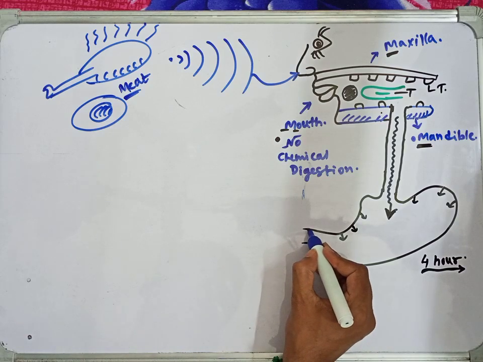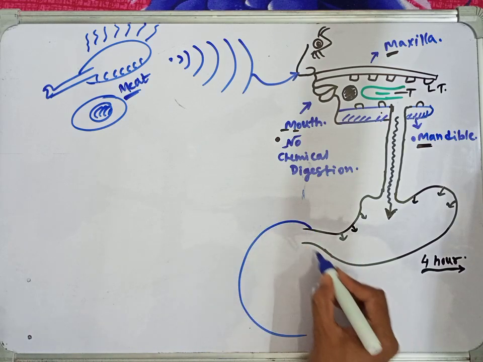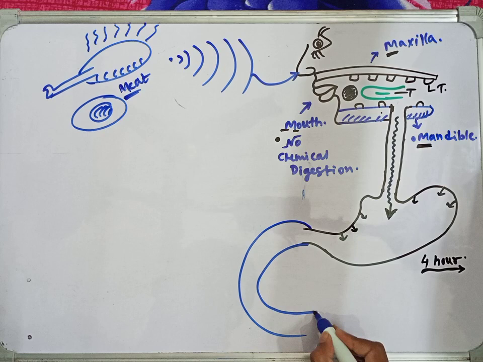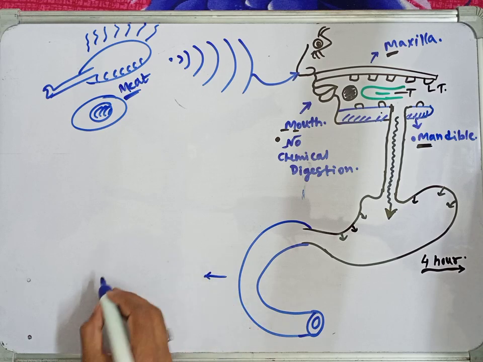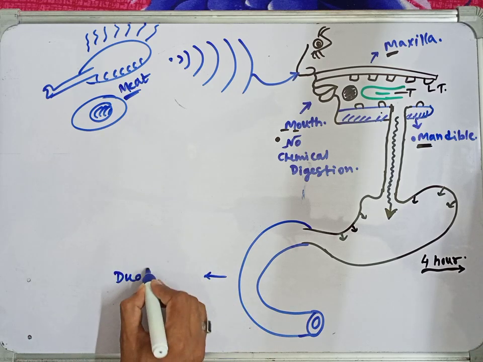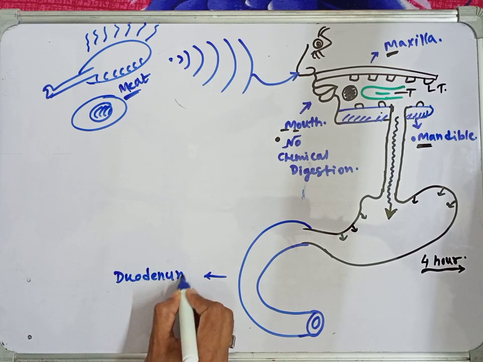After the stomach, there is a C-shaped curve, and this C-shaped portion is called the duodenum of the small intestine. Duodenum, right?